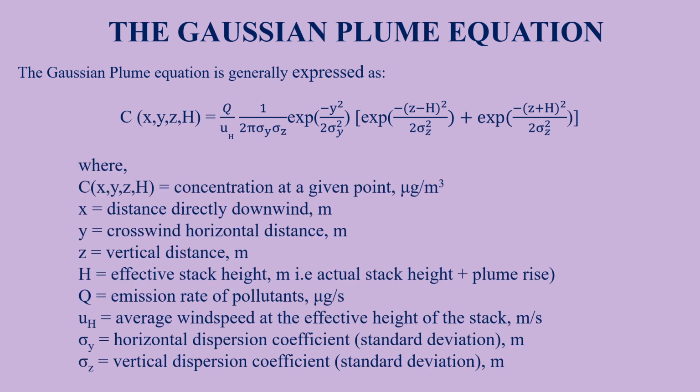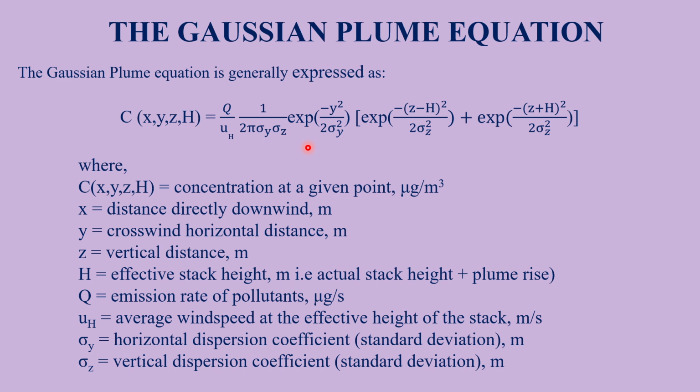In my last two videos, I showed you how to determine wind speed, that is UH, the wind speed at effective stack height, and how to determine horizontal dispersion coefficient sigma y and vertical dispersion coefficient sigma z.